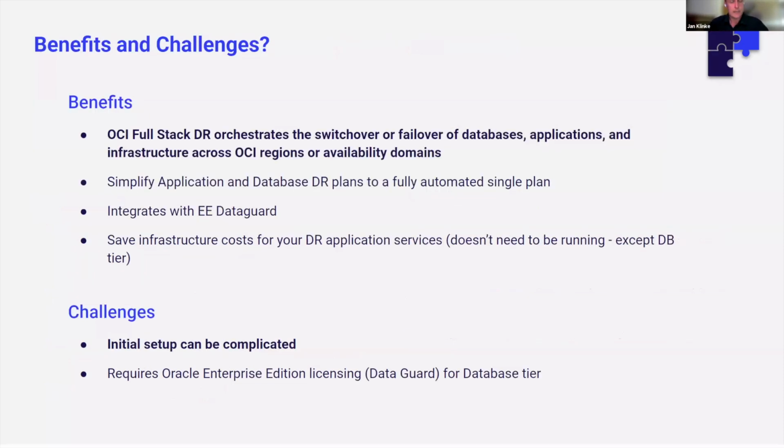Here I have a summary of the benefits of using FSDR. I would say the biggest benefit is that when you have, let's say, complex infrastructure on Oracle Cloud and you would like to transition all the resources to a remote region, you would probably have to do some checklist or Excel sheet or playbook to transition everything and not forget about anything.